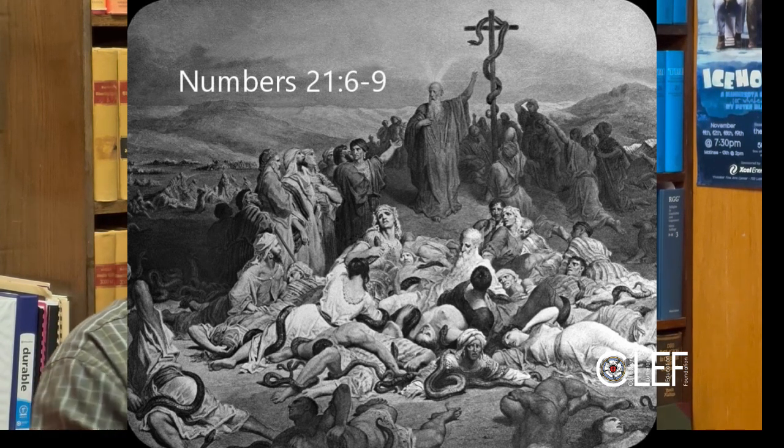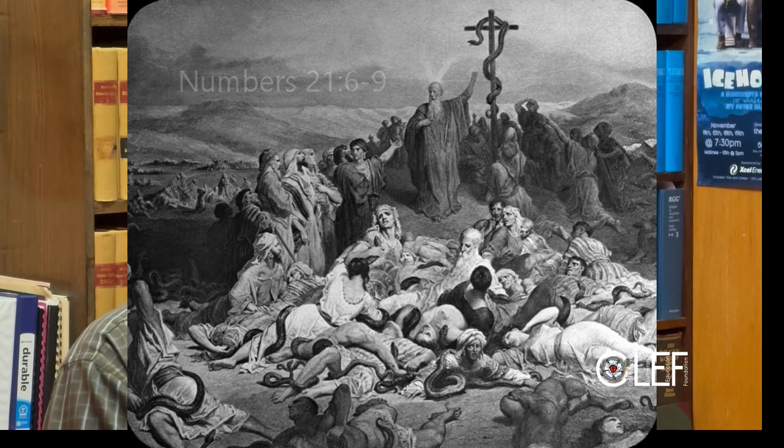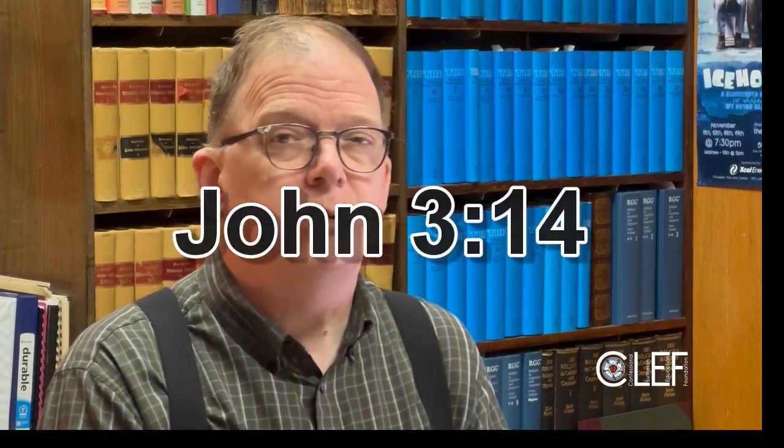The people were to look at that bronze serpent when they were bitten by the fiery serpents, and they'd be saved. And Jesus himself compares himself to that bronze serpent. Later on, King Hezekiah had to destroy that bronze serpent because people started worshiping it as an idol. So there's that distinction between the making of the image in the wilderness and its destruction by King Hezekiah because it had become an idol.